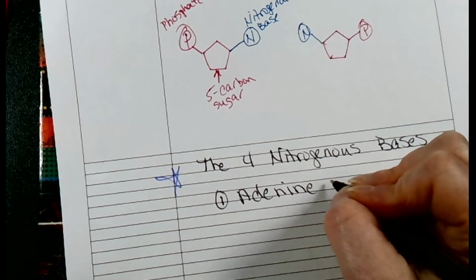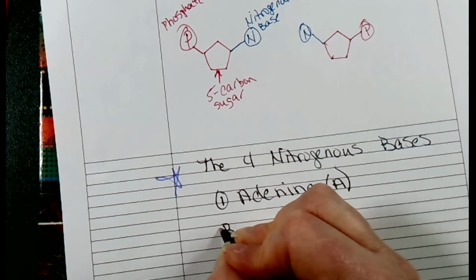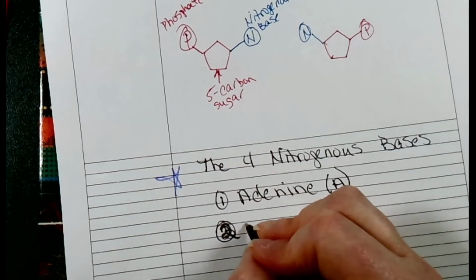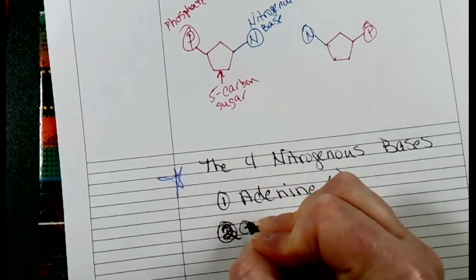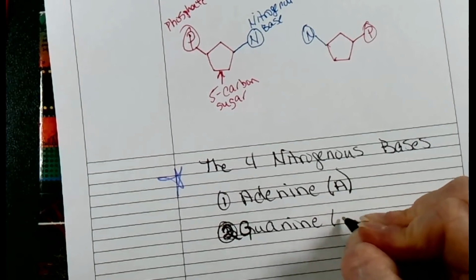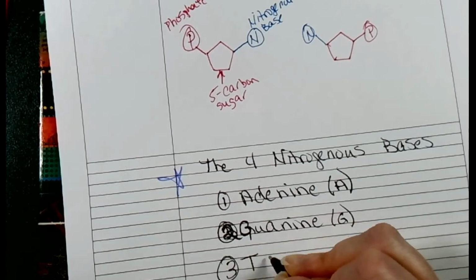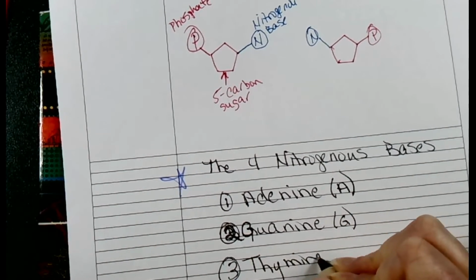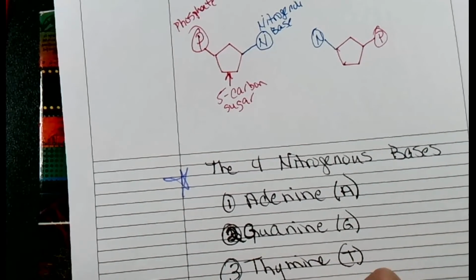So adenine. Oh, I was trying to do a B. It's not a B. So 2 is guanine. So this is a G. Guanine. You have thymine. And you have cytosine.